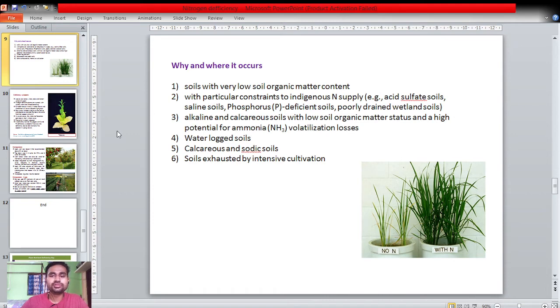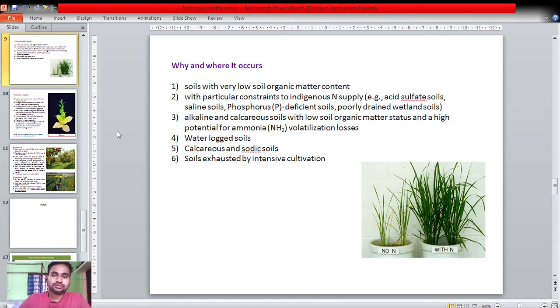If the organic matter in the soil is very less, that is one of the reasons for nitrogen deficiency symptom. So for commercial cultivation, it is always recommended that before you start growing the plants, you should do soil testing and check all the parameters in your soil, and then accordingly you apply the fertilizers or other recommendations as given by the testing lab, and then you start your cultivation.